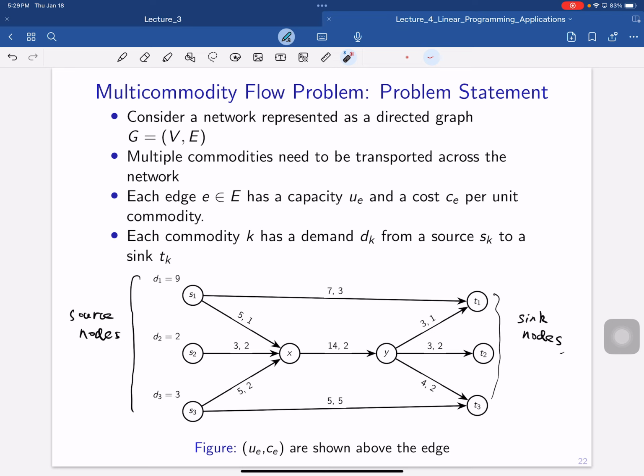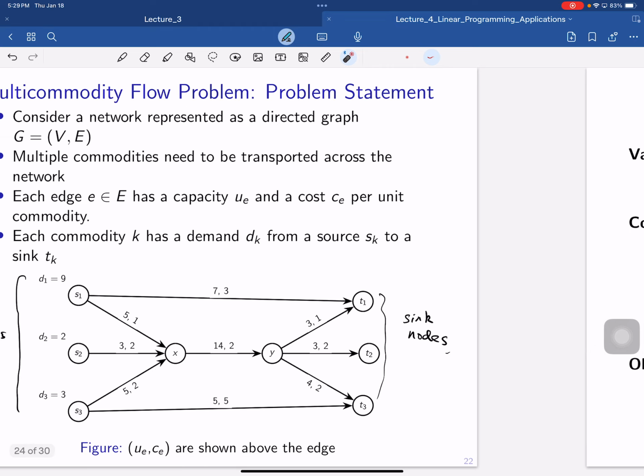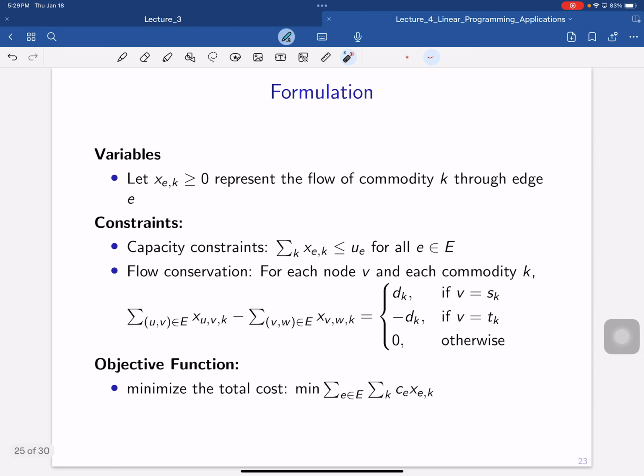In the middle. For example, if I'm talking about companies like FedEx, maybe they have some warehouses or facilities in between 2 cities, right? You first deliver to an intermediate city, and then you ship it to your destination. Okay, and there are different types of commodities you want to ship from the source nodes to the sink nodes. So how do we formulate this problem, right?